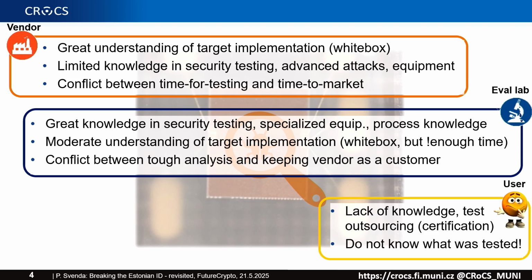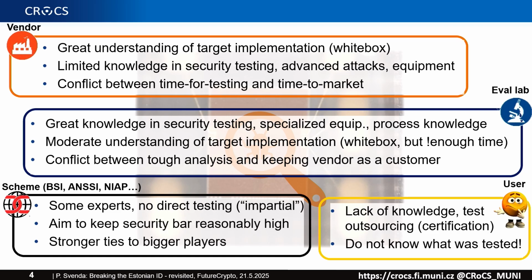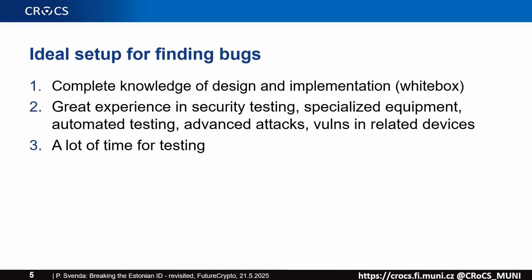And we saw that several times as well. Then we have the schemes like BSI, ANSSI, NIAP in the US. They do have some experts. They are typically not involved directly in testing. They shall be impartial. They tend to have stronger ties to bigger players. But okay, so these are four parties that are typically involved.